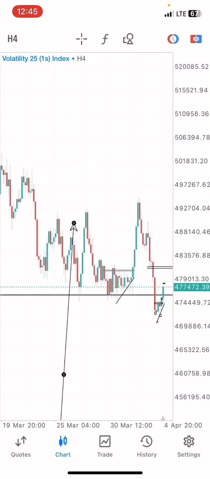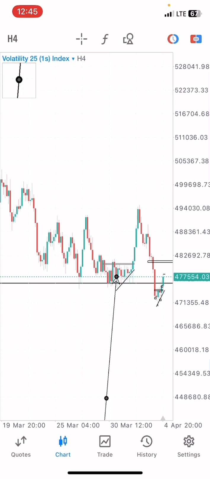On the four-hour time frame, I have this level of resistance actually. Whenever price breaks a level of support, it turns to resistance, and price actually broke below this level with this strong bearish engulfing candle.